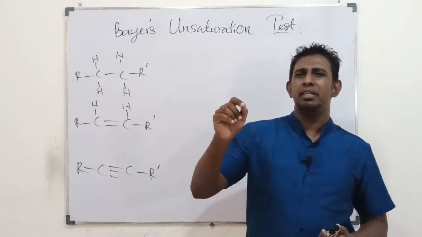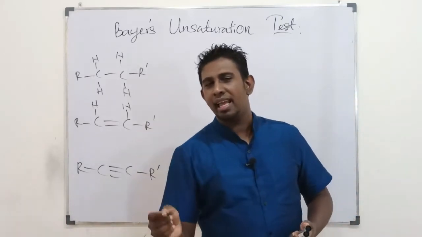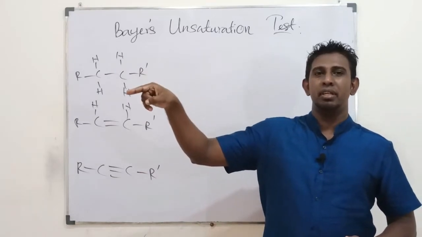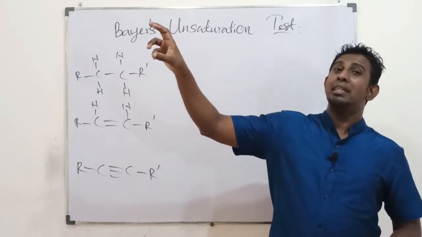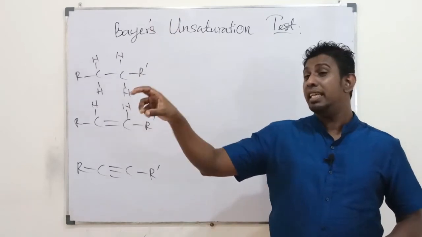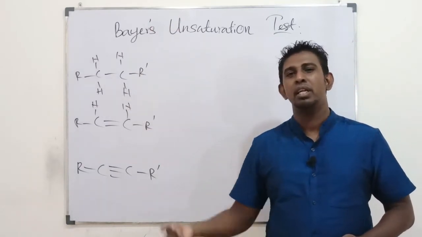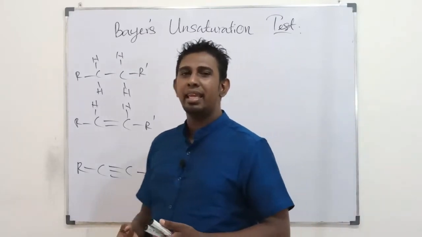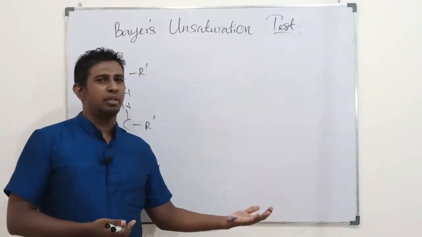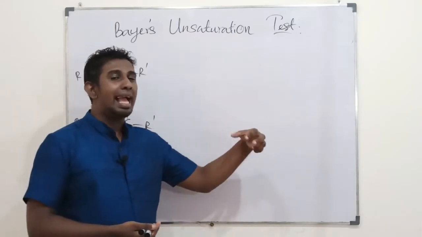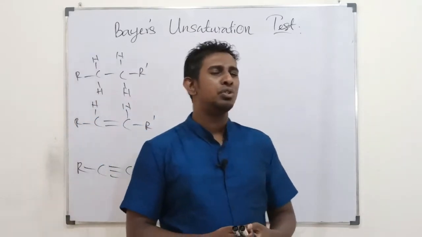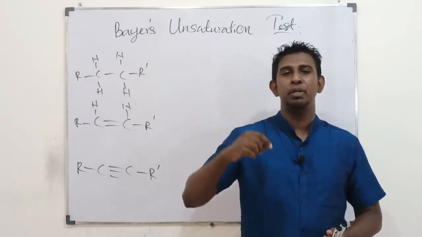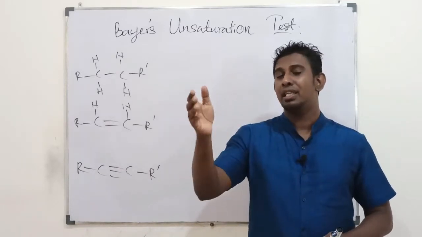Therefore, when you treat alkanes, alkenes and alkynes separately with bromine water, you could distinguish: unsaturated compounds only decolorize bromine water but not saturated compounds. Then the saturated compound is the alkane. Unsaturated compounds could either be an alkene or alkyne. Therefore, students, you could use bromine water to distinguish between saturated and unsaturated.